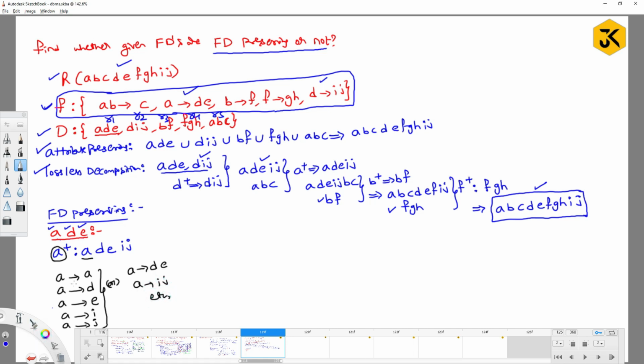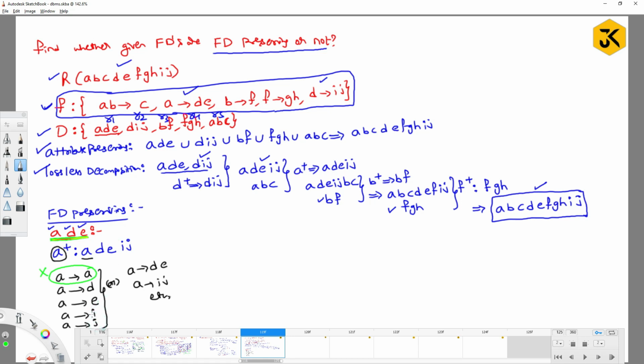So what we can do now, if you observe clearly, is eliminate certain kinds of conditions. What are those? See guys, we are not worried about the trivial functional dependencies, right? They are always satisfied. And as we are trying to find the set of additional functional dependencies for the relation ADE, do we consider I and J?